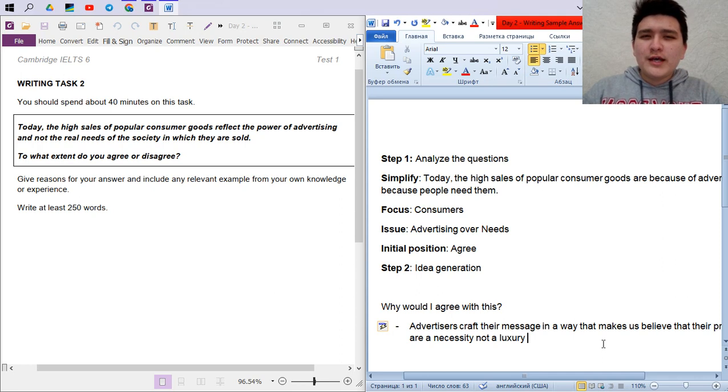I don't really get into that much. I just try to come up with as many ideas as possible, and this way I know which idea to cherry pick. You don't just start coming up with ideas and use whatever idea comes to your mind first. No, it doesn't work like that. If it did, everybody would be scoring band 7 and above right now, because you need to think and evaluate your idea.